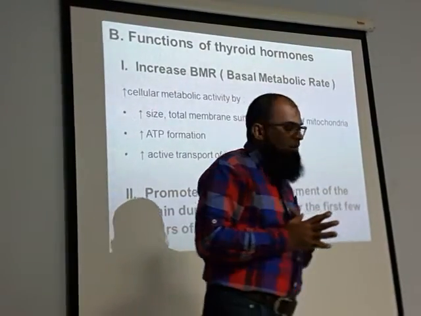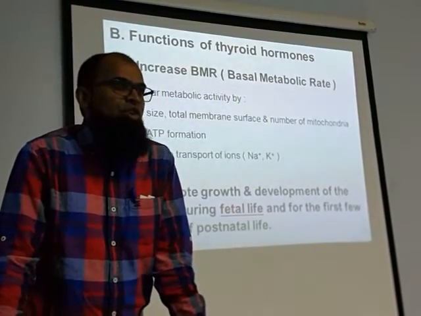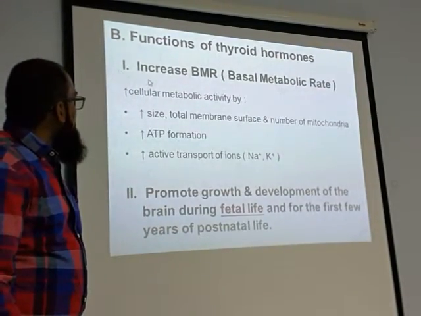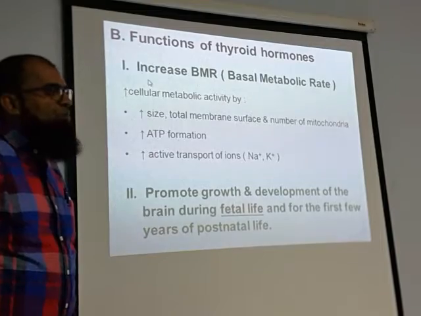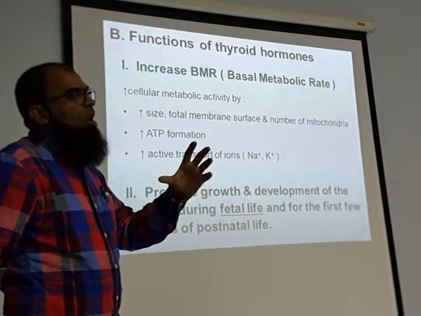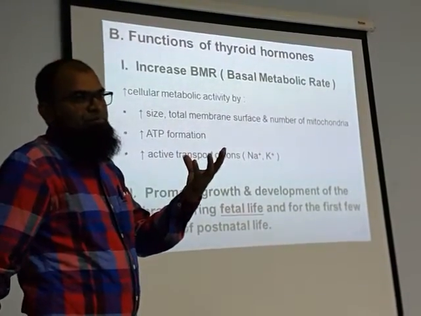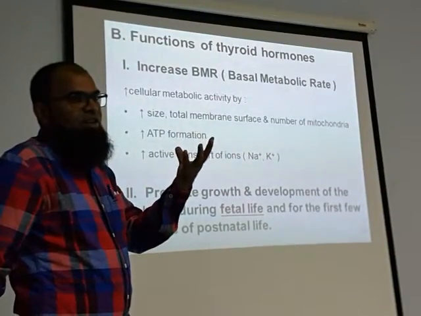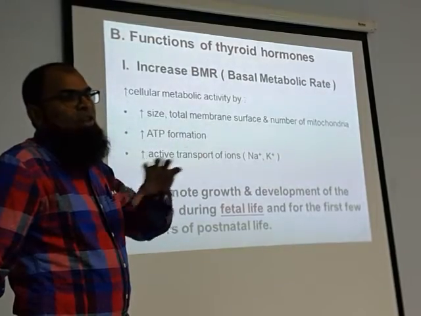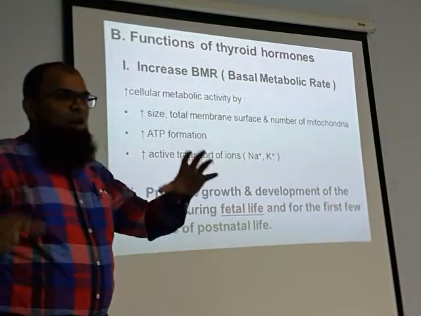Now, coming to the physiological part, the physiological actions or functions of thyroid hormone, thyroxine. Number one, it increases the basal metabolic rate. It is the most important function of thyroid. It increases all the activity of the cell required to increase the metabolism: the size, number and surface area of the mitochondria, and all the enzymes necessary for metabolic activity all increase.